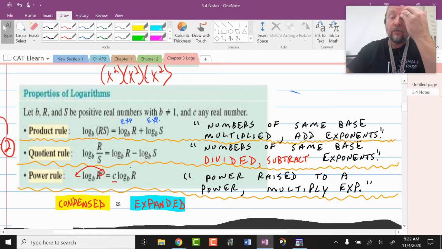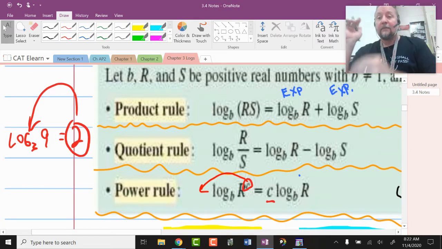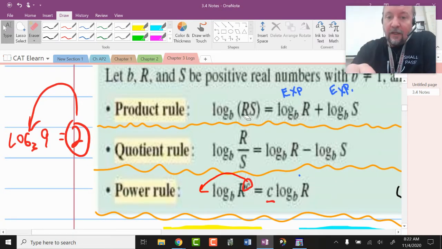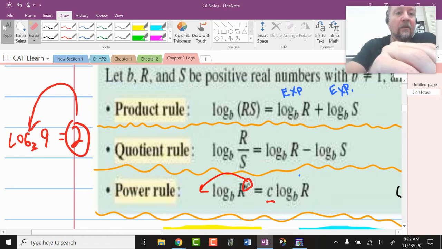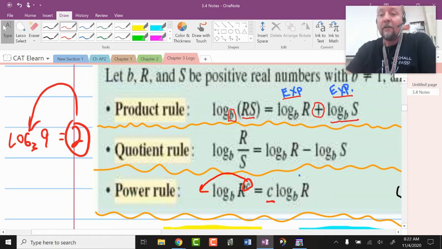Alrighty. So it may be a stretch, but it isn't. Here are the logarithm rules. I'm going to use the same verbiage when I read this logarithm: numbers of the same base, when multiplied together, you add the exponents. Let's go with log base b of r.